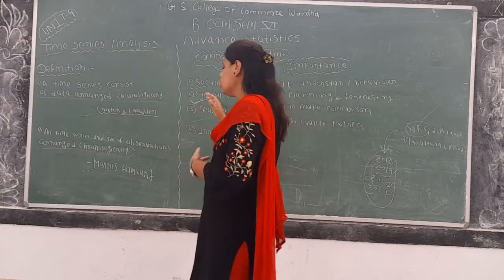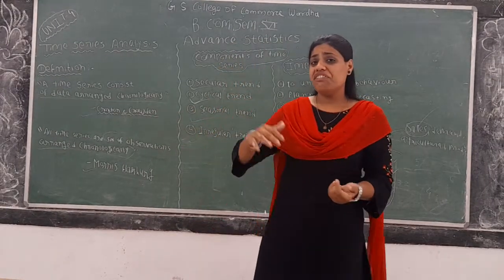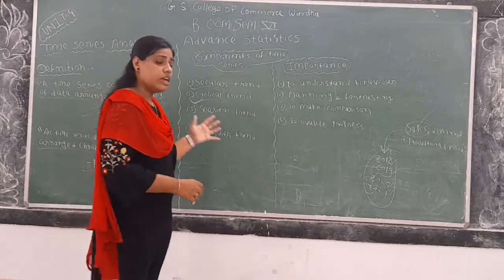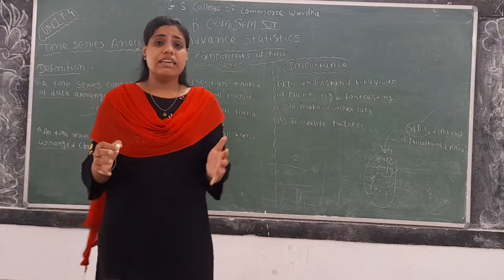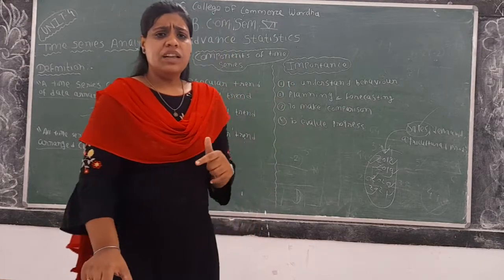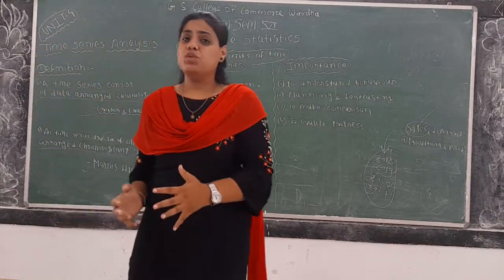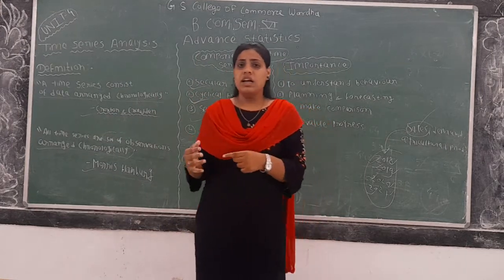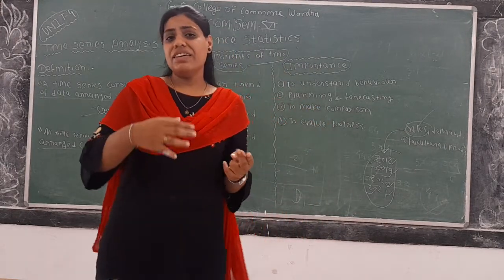Okay, so such items which are having different phases, they are represented by the cyclical trend. Why cyclical? Because one comes after another. Like after expansion you will surely have a peak. After peak you will surely have a recession.